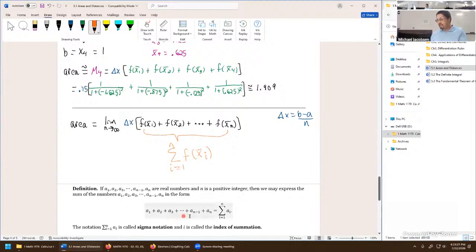Add a3, add a(n minus 1), but then you reach the upper bound of that index, n. This becomes a(n), and then you just add it on. Same idea as what we're seeing up here. So our formulas are going to compact in just a little way using summation notation, or sigma notation is a better way to describe that. This is the Greek letter sigma. Any questions at all, folks, with sigma notation or so-called summation notation?